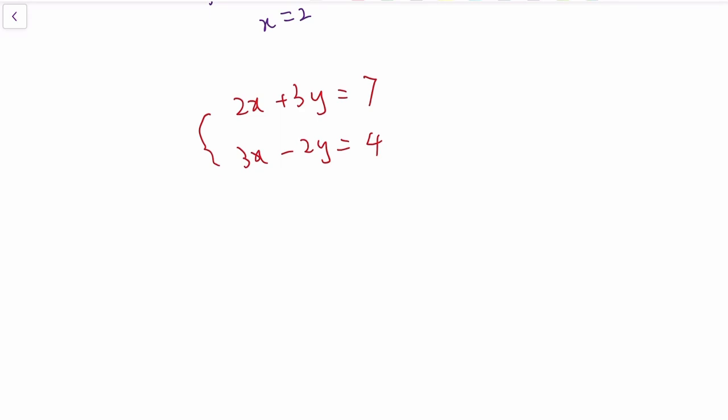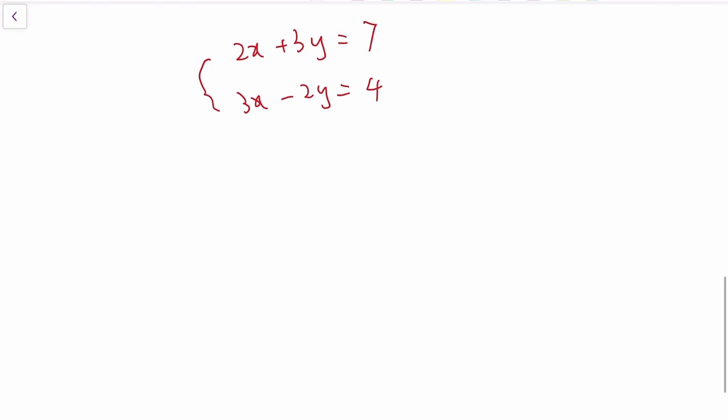In this case, I would still recommend doing elimination. If they don't already have the same coefficient, it is possible to make them the same. So for example, I can make 2 and 3 into the same number by multiplying each equation to get the lowest common multiple of those two numbers.